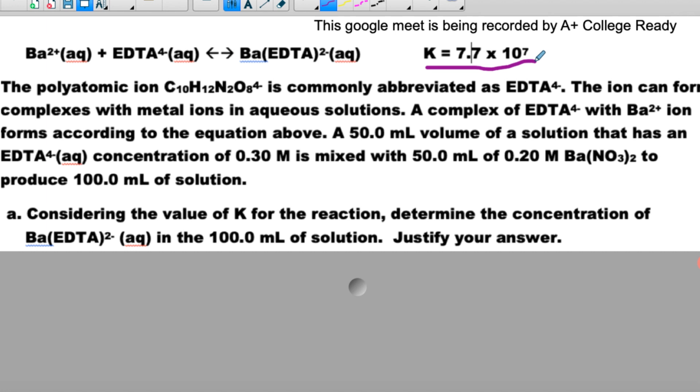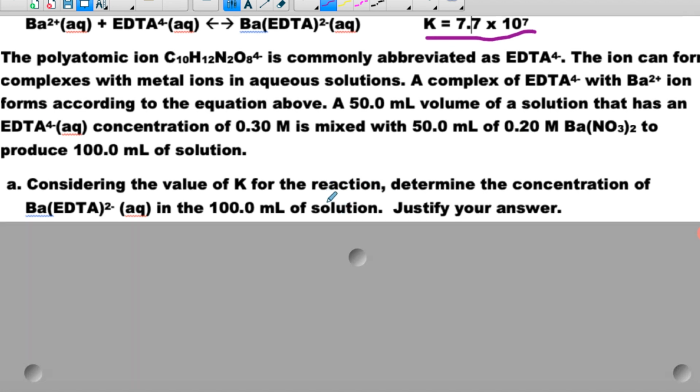This is a K that's enormously large, so that, in fact, all of the reactants are going to turn into products. So this is not really a K problem so much as a stoichiometry problem. If you've got 50 mL of 0.3 molar and 50 mL of 0.2 molar, how much product will get made?